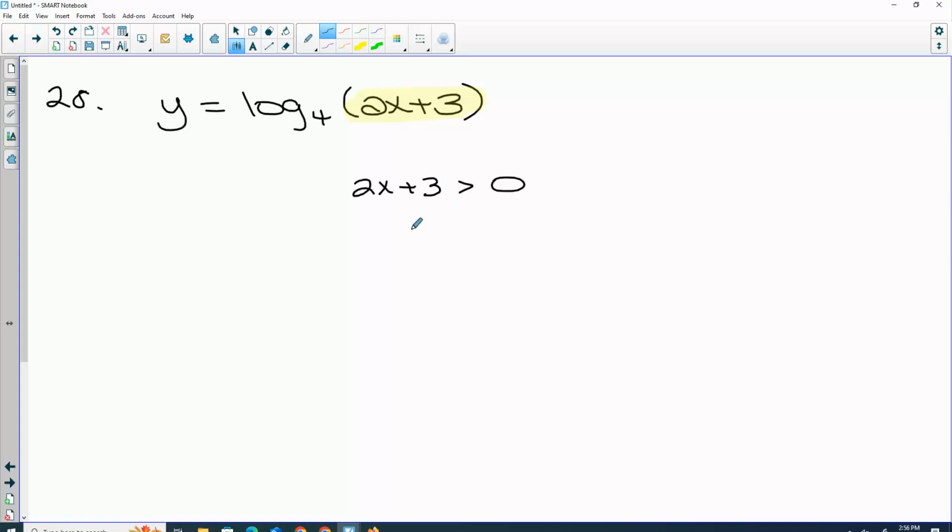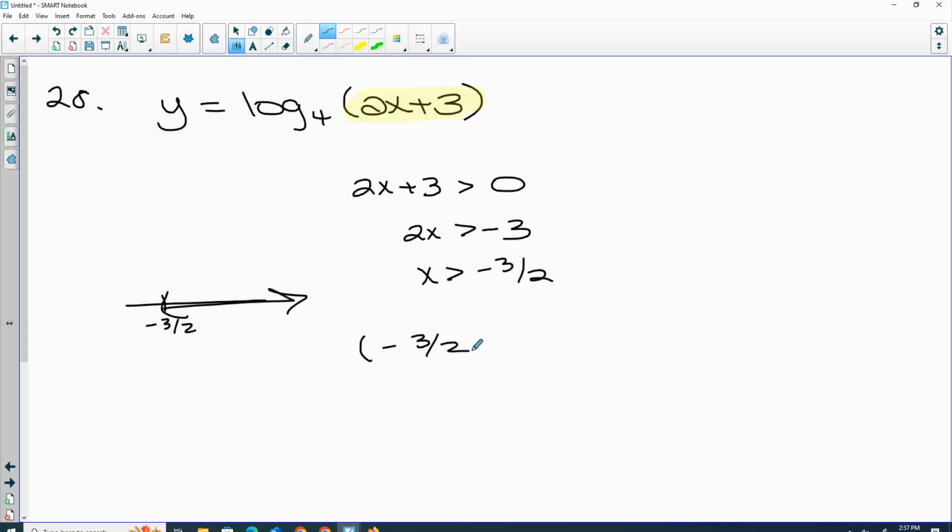And that's a pretty easy inequality to solve. 2x is greater than negative 3, so x is greater than negative 3 halves. Wouldn't negative 3 halves be your asymptote? Yes. So then our domain, if you think about what it's saying, x is greater than that, so it's everything larger. So you would tell me negative 3 halves to infinity. Or you could draw the graph and get it from there as well.